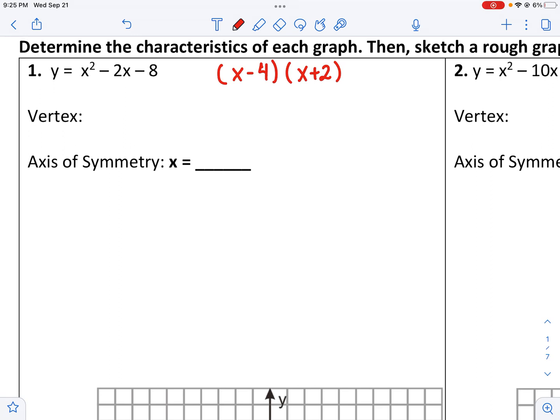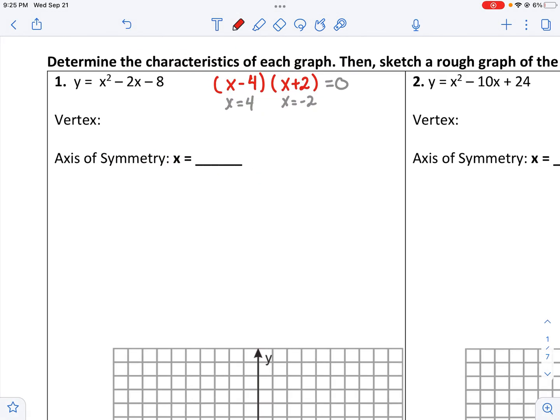So I'll factor that to get x minus 4 times x plus 2. Now what that tells me is when I set it equal to 0 and solve, I would get x equals 4 and x equals negative 2.